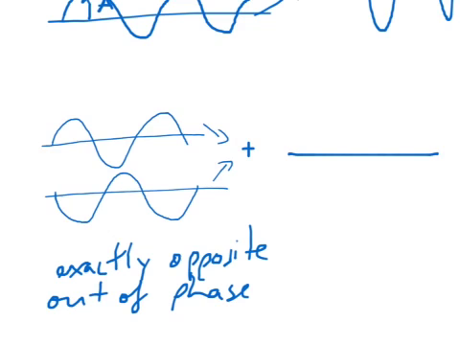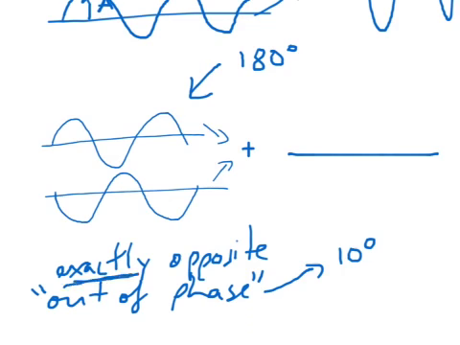Okay, out of phase is a tricky term or phrase, because out of phase could mean just that it's 10 degrees out. Whereas the example we've got above here, that is 180 degrees out of phase, so that's exactly opposite or exactly out of phase with each other.